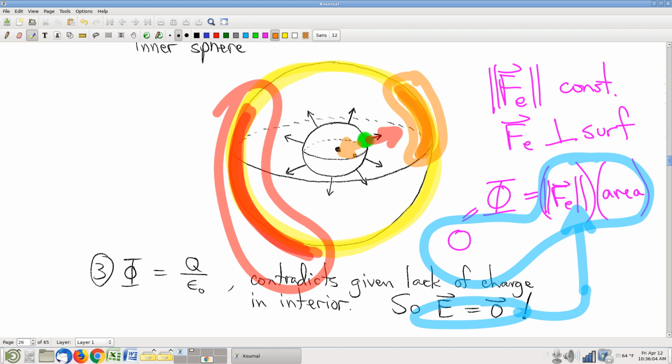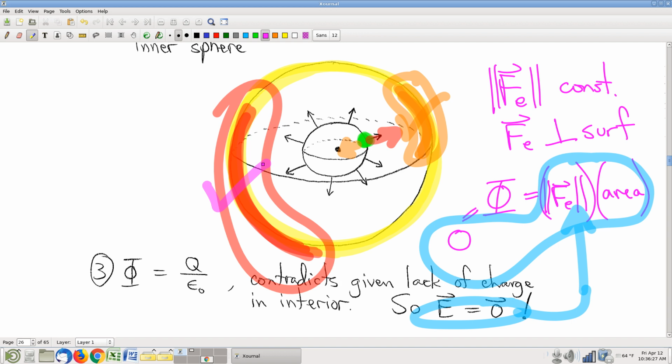It's like a tug of war kind of situation. There's a smaller number of stronger, because they're closer, charged particles over here, right? And then there's a larger number over here pushing weaker because they're farther away. It's like we have a tug of war between 3 bears and 1,000 squirrels.